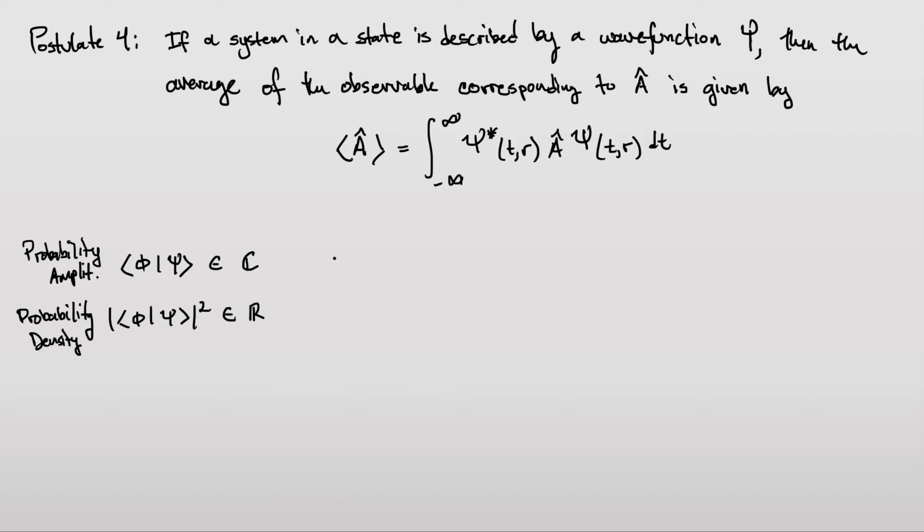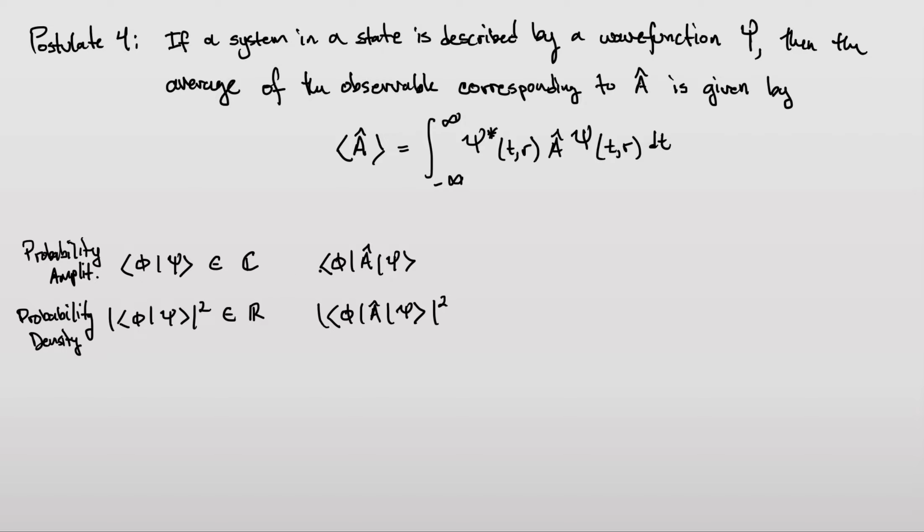Okay, and then we also saw that if we sandwich an operator into here, we have something that looks like this. And we could do the same thing here. We read these as, what is the probability that this state is like this state.